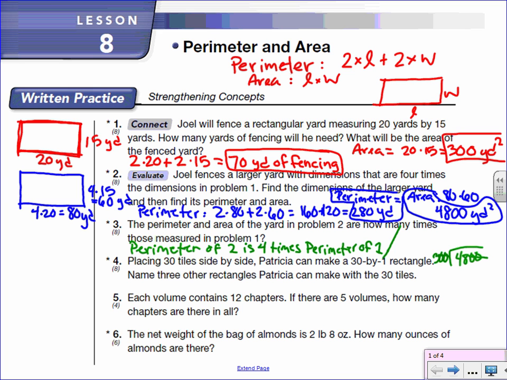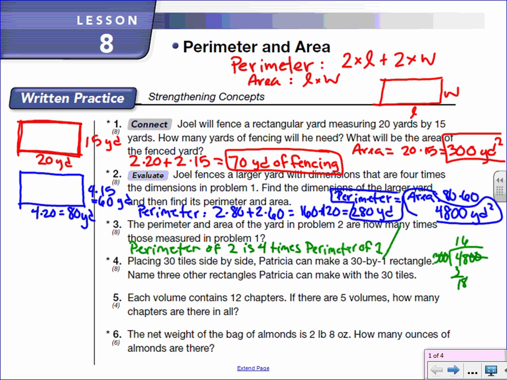Well, 3 goes into 36 12 times, and then I still have 12 more, so 16. So the area is actually 16 times.